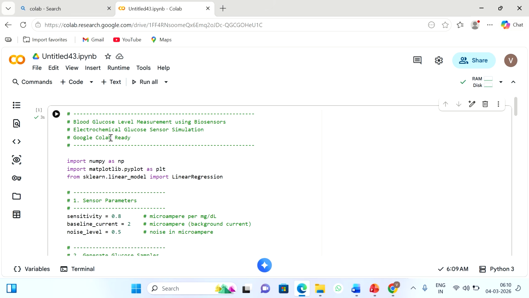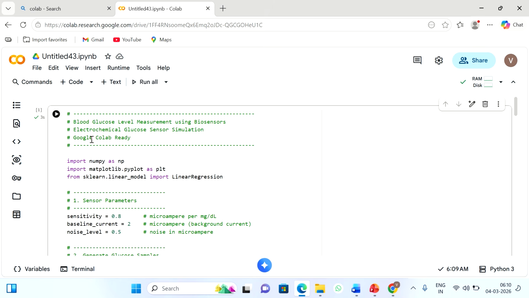And this current is proportional to glucose concentration. Therefore, this code explains the calibration curve and it shows a linear relationship between glucose concentration in milligram per dl and sensor output current in microampere.